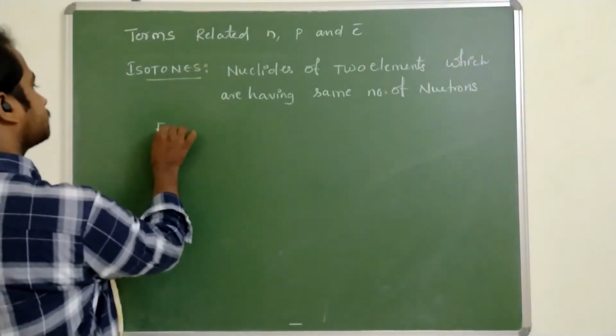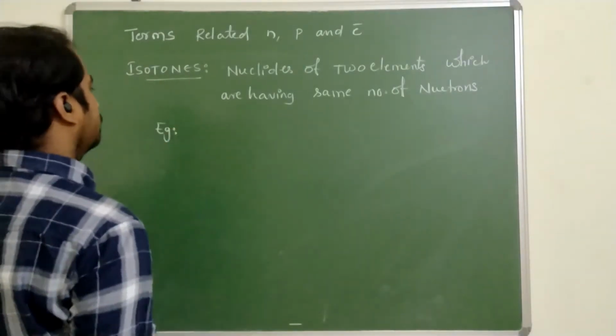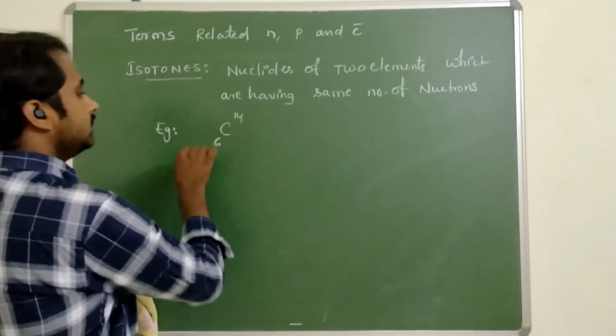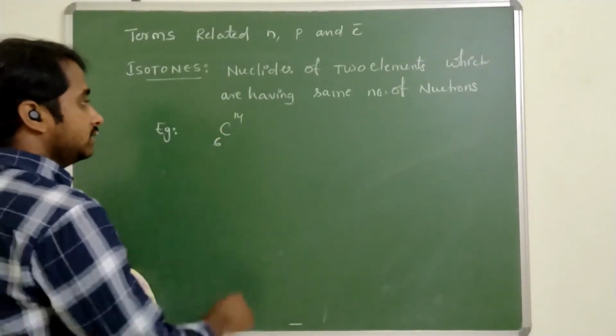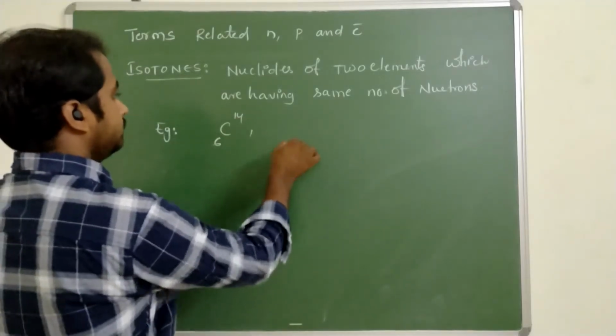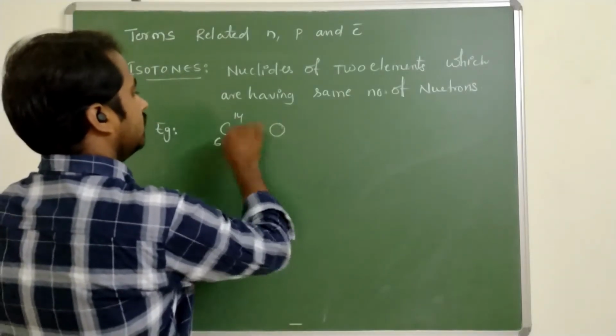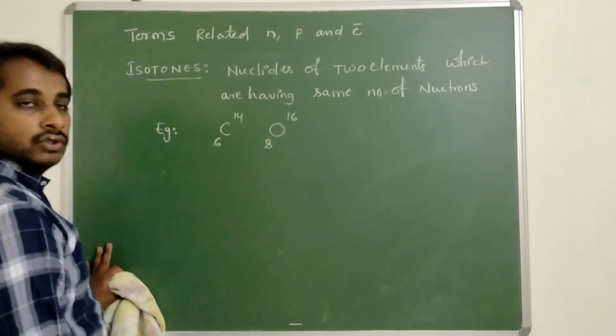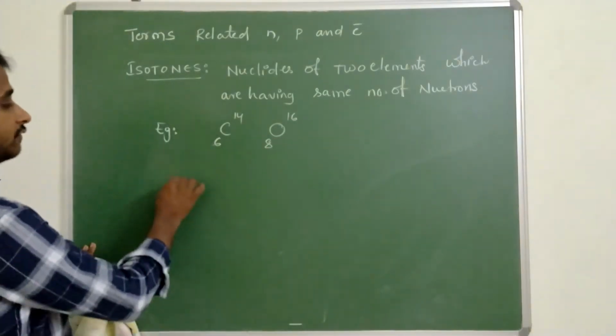Examples: C14, that is 6C14, and 8O16. How can we calculate the number of neutrons?